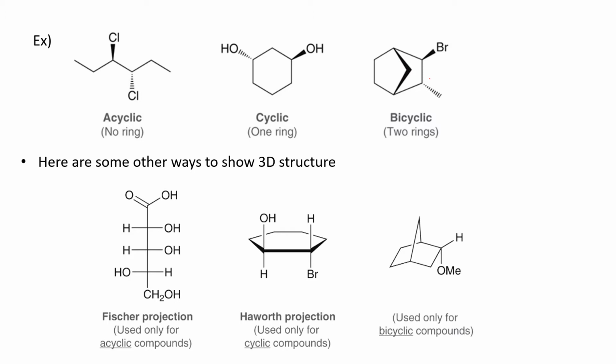There's some other ways that we can represent molecules in 3D. The first is a Fischer projection. All right, Fischer projections are usually used for acyclic compounds or compounds that are not in a ring. Whenever you see that cross, think of it like this.